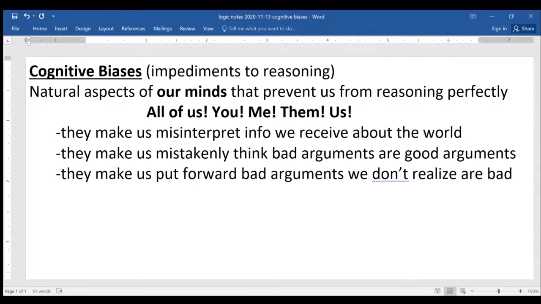This is the key idea about a cognitive bias. And the word bias, as you normally hear it, you might hear of it in terms of a very specific type of mental bias. So you might think about racial bias or gender bias or those sorts of things. And those are, in fact, a subset of cognitive biases.